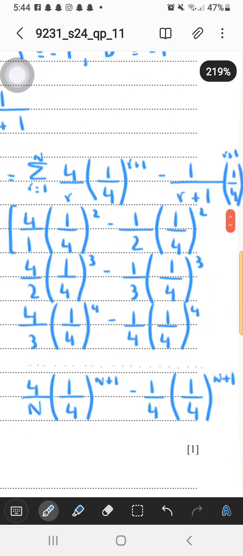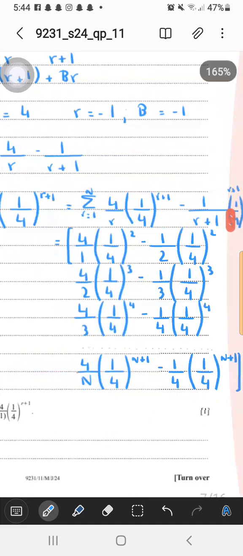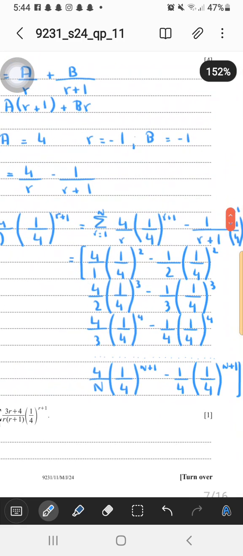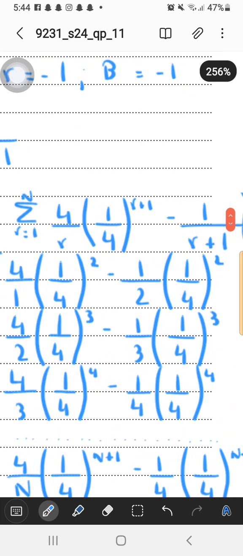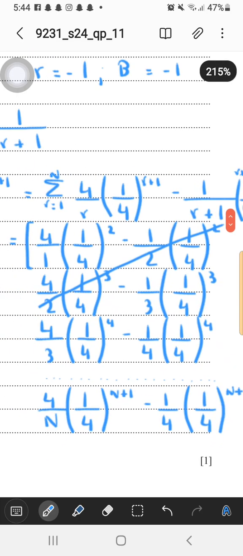Okay, so now we have to cancel the similar terms to follow the method of differences. So here we do negative 1 upon 2 multiplied by 1 upon 4 square plus 4 upon 2, 1 upon 4 with the power cube, it becomes 0. So we will get the pattern here. This will be 0. So let's confirm it.